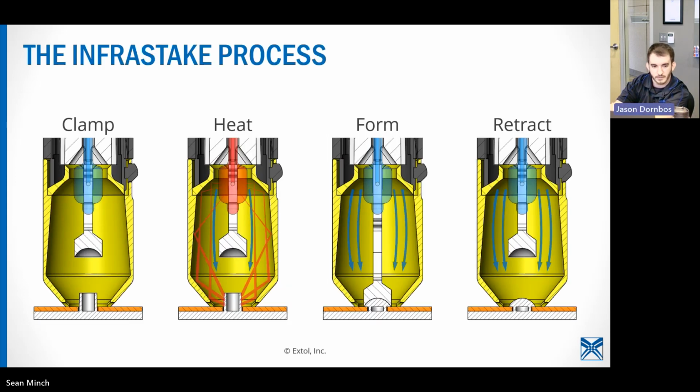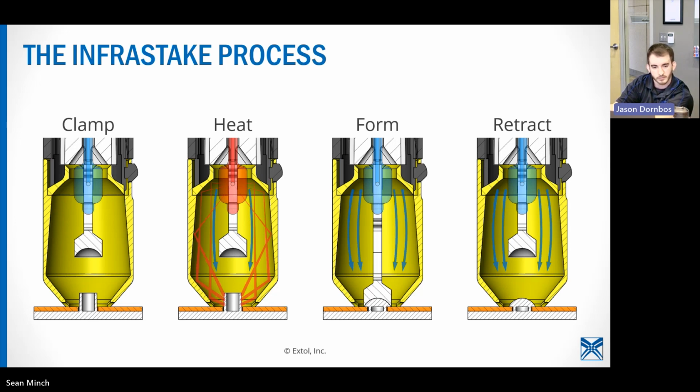So here's a bit of a graphical representation of the process. As the first image under a clamp is just the module, the InfraStake module coming into position. And the second image is the halogen quartz lamp applying the infrared, bouncing off the internal parabolic surfaces and really focusing on the plastic.